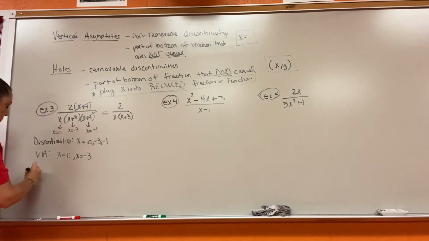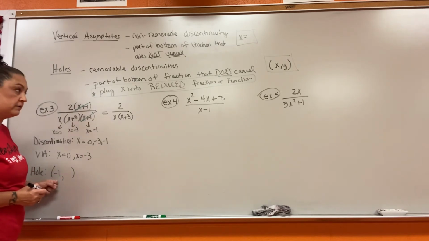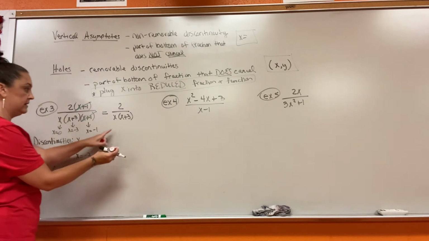So we have a hole at -1. But a hole is an ordered pair location. So I've got to figure out the y value for that. And in order to do that, you have to plug that in here.